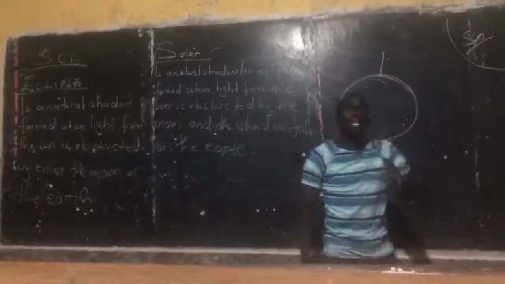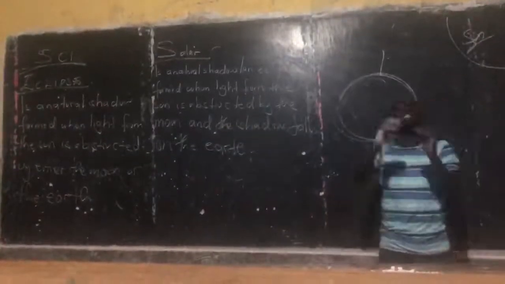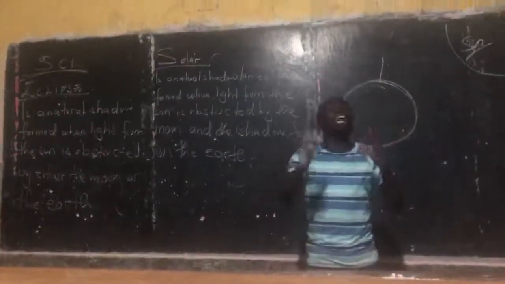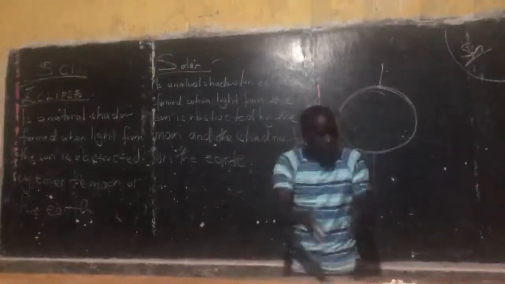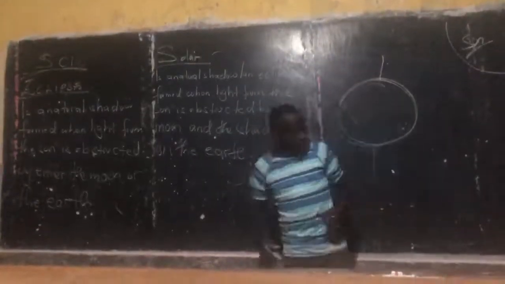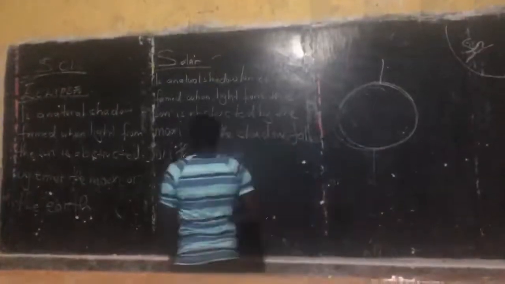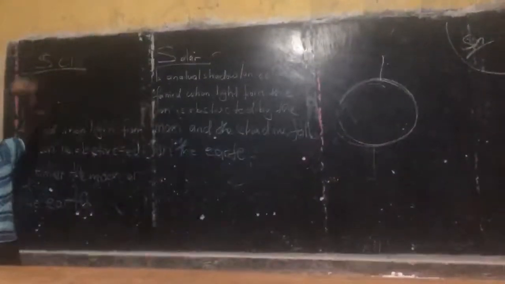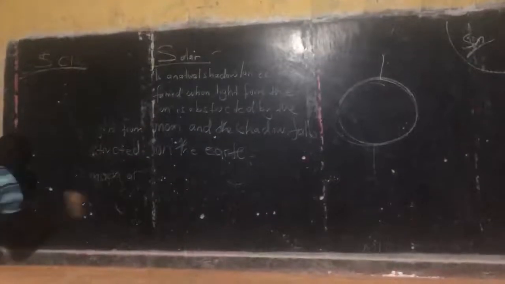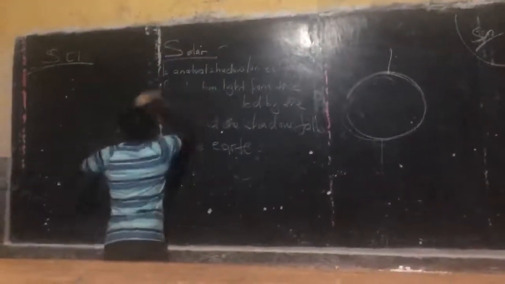So what is a solar eclipse? A solar eclipse is the type of eclipse formed when light from the sun is obstructed by the moon and the shadow falls on the earth. So you write solar eclipse.